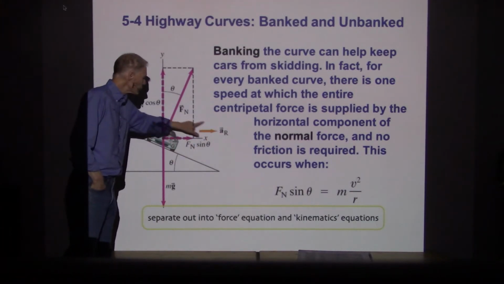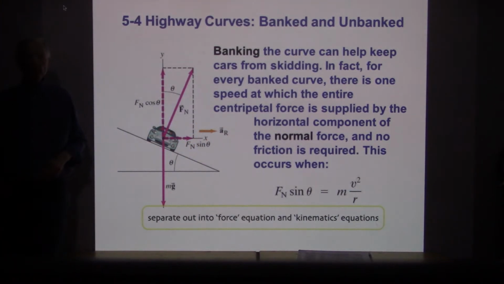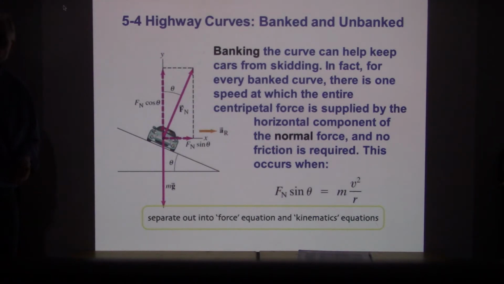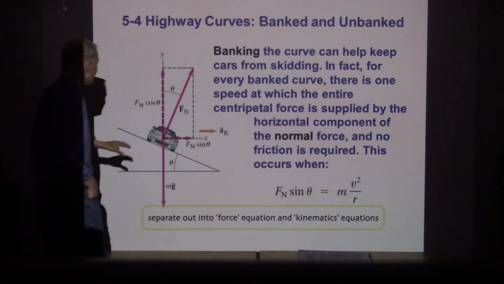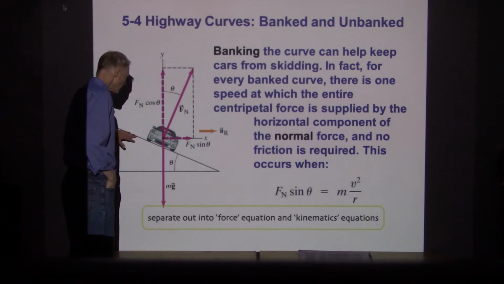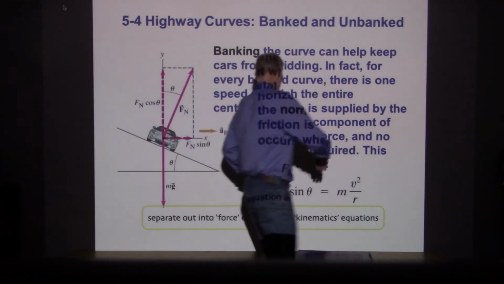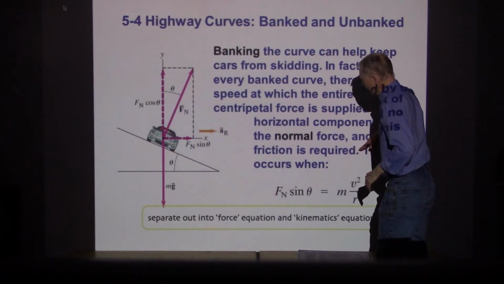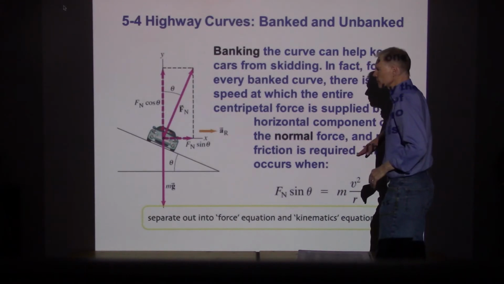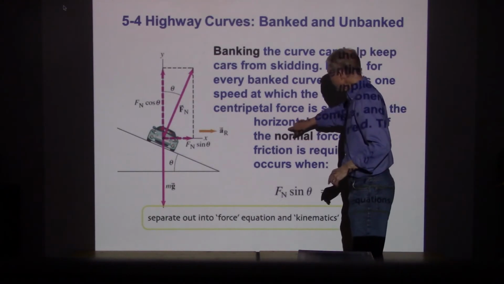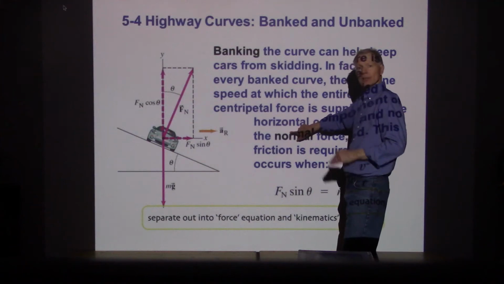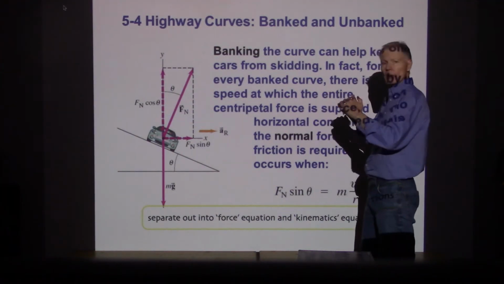We can use the normal sine component to maintain acceleration for our car. If the roadway is banked here, then if I walk over here and look at it, the roadway would be banked over here at the same level. So the center of circular motion is level with the car.